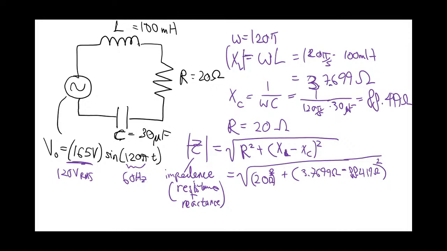Messy note. 37.6. And that number ended up being 54.52 ohms. So we know that the current amplitude is equal to your voltage amplitude divided by the size of your impedance, right? That's just the magnitude of the final vector.